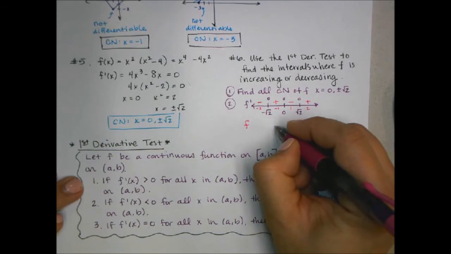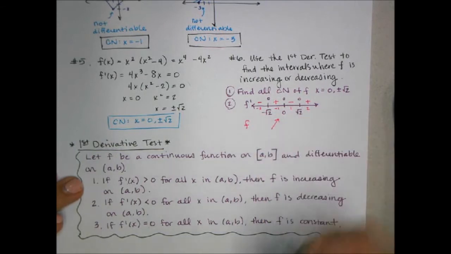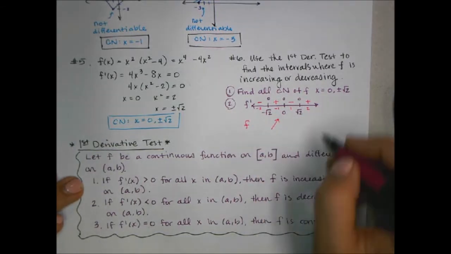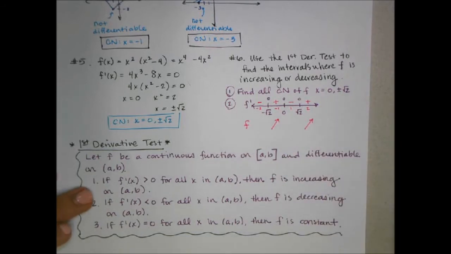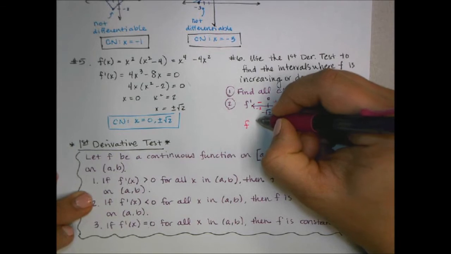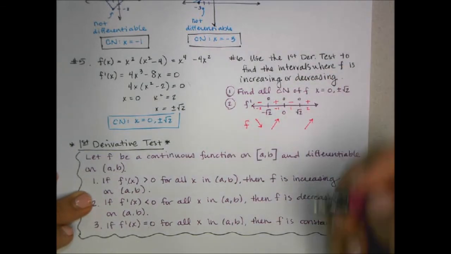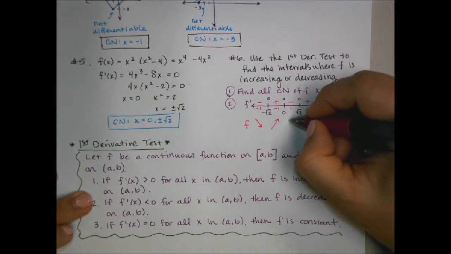F is increasing on the interval negative root 2 to 0 and the interval root 2 to infinity. Second, anytime my derivative is negative on an interval, my function is decreasing. So f is decreasing from negative infinity to negative root 2 and from 0 to root 2.